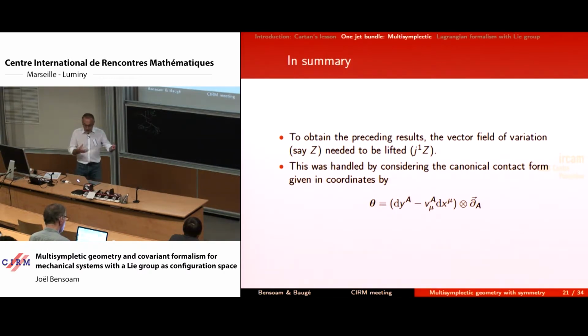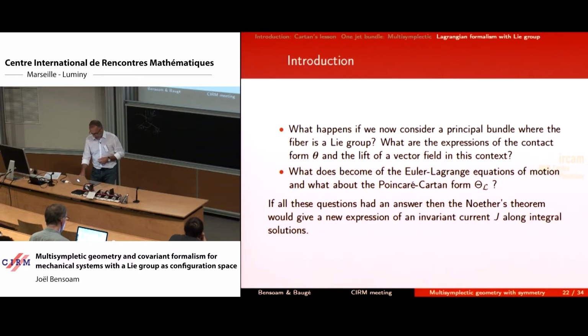Then we have obtained a Poincaré-Cartan form. And if we want to apply the Noether theorems, we just give the symmetric field to this Poincaré-Cartan form to obtain the moment map. So this is the summary of my things.